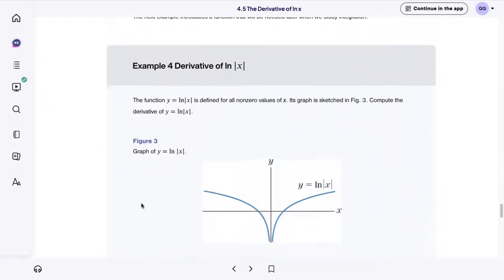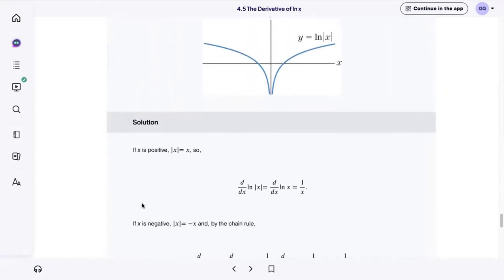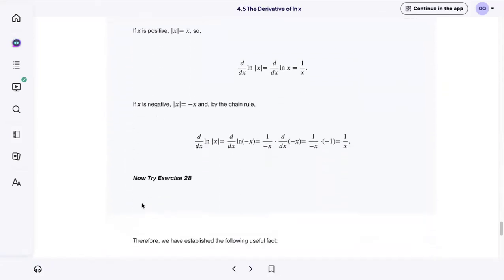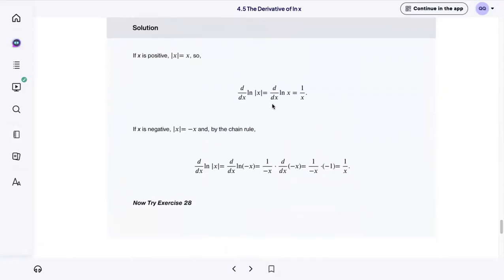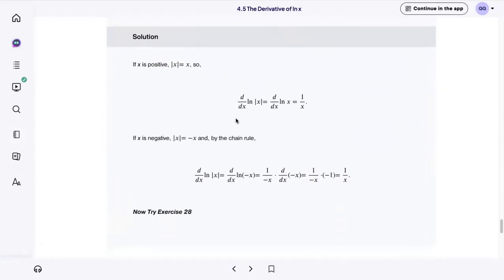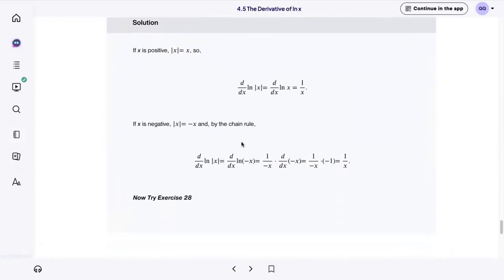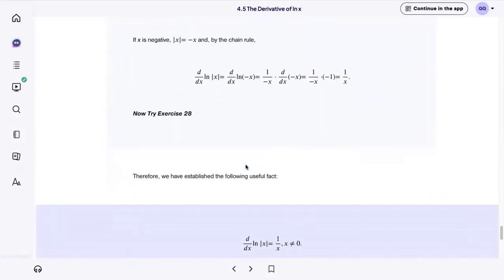So derivative of absolute value functions, we take ln. So this is just a process. Right?